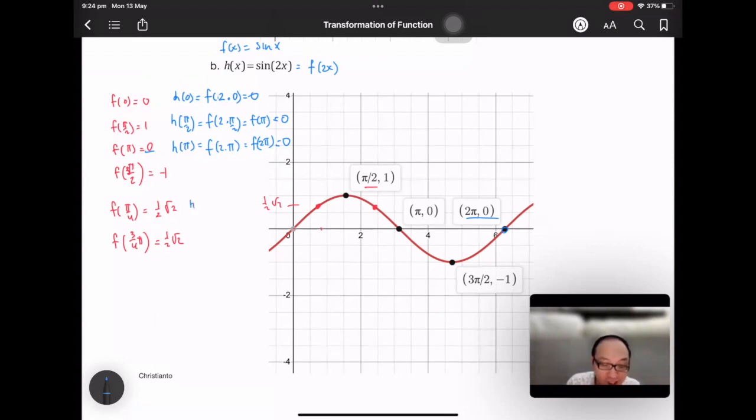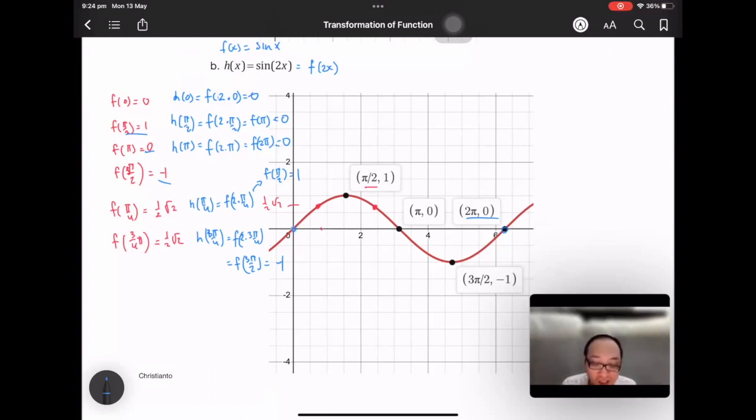So h(pi over 4) will be equals to f(2 times pi over 4). So this equals to f(pi over 2) equals to 1. Yeah, f(pi over 2) is 1. And this one, h(3 pi over 4) will become f(2 times 3 pi over 4) equals to f(3 pi over 2). What is f(3 pi over 2)? Negative 1.